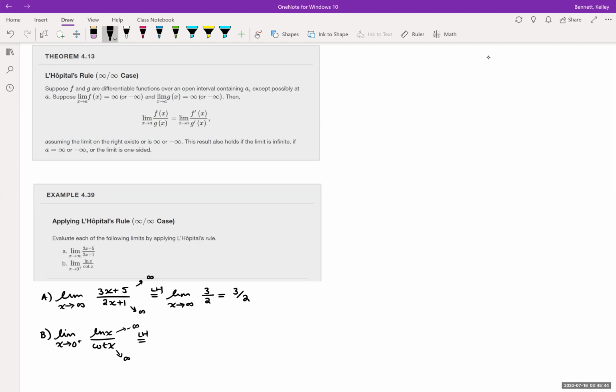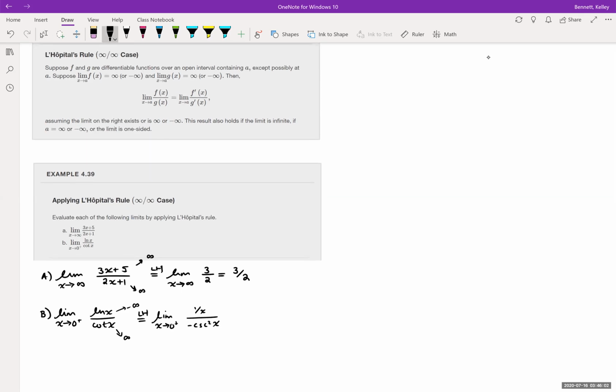It's still in that indeterminate form, infinity over infinity. So I'm going to take the derivative of top and bottom separately. So I'll get 1 over x, and then the derivative of cotangent is negative cosecant squared x. And so from here you might think, okay, well, this is still going to infinity over infinity, so I'll just take the derivative again.